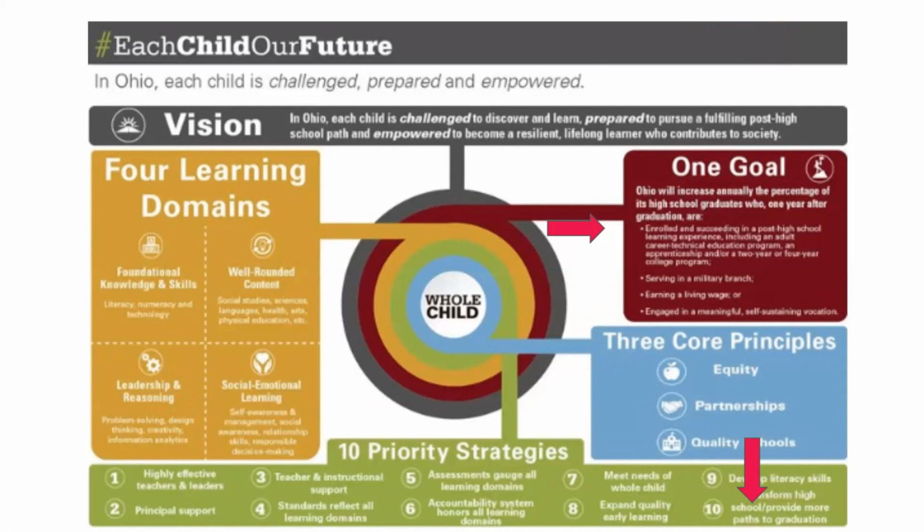So yes, it's very important to receive an Ohio diploma, but we're really looking at making sure that we are setting up our students for the good life or the enviable life after they graduate from high school, however that may look. So that's our one goal with our priority strategies. You can see priority 10 there, that's with the arrow, looking at different pathways to graduation. And we'll talk about that in a couple minutes as well.